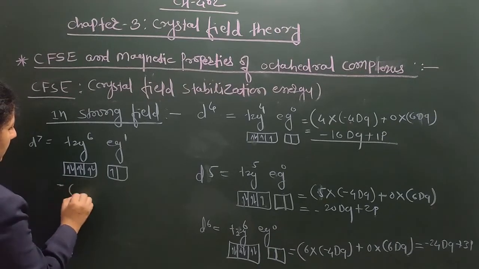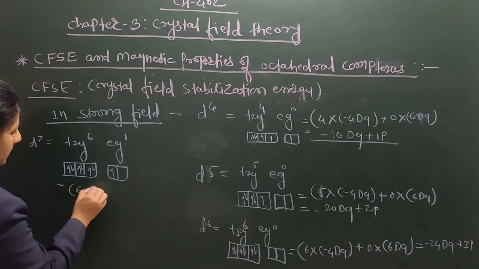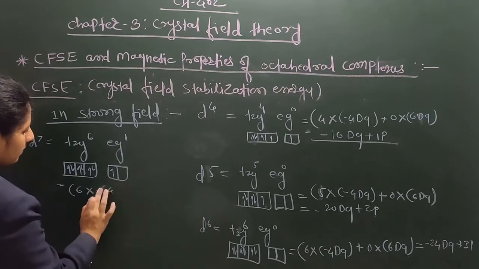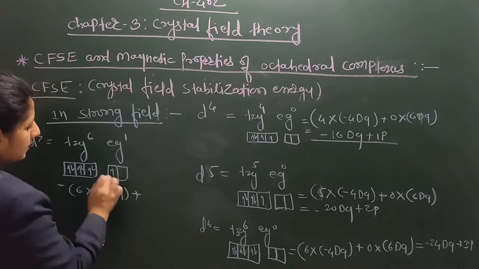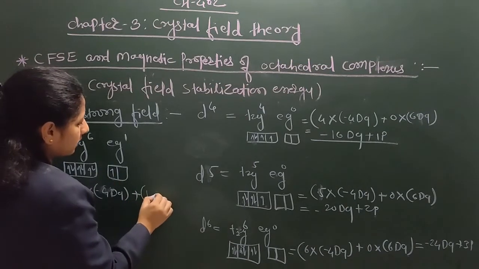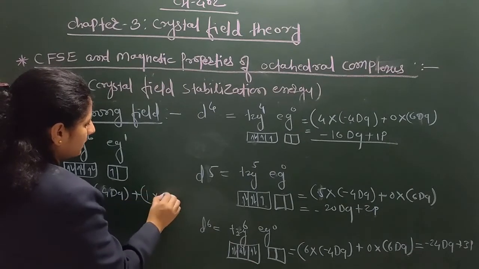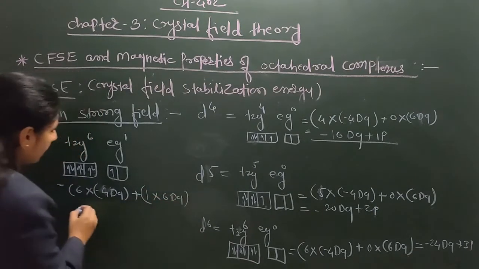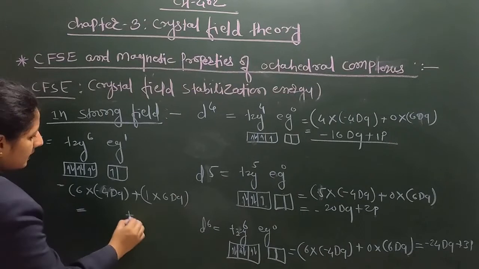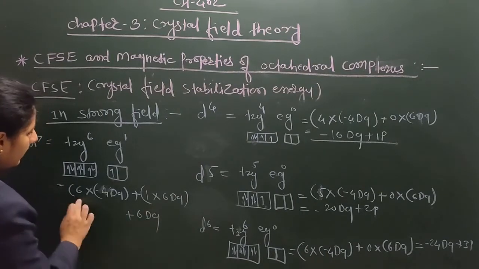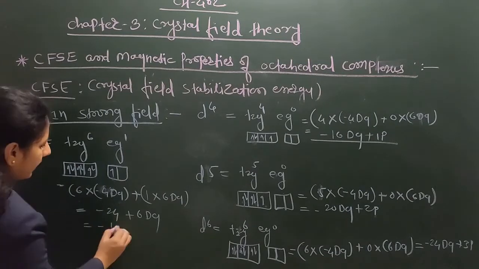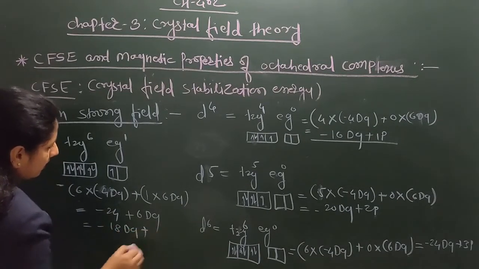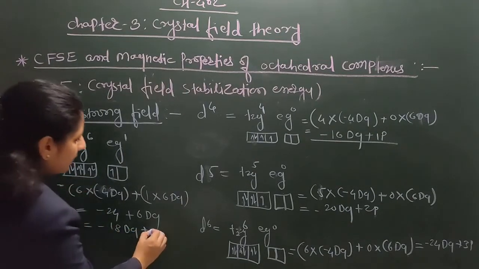According to that equation, as the t2g orbital has 6 electrons, 6 into minus 4 dq, plus 1 electron into 6 dq. So the calculation is minus 24 dq plus 6 dq, it's minus 18 dq, plus how many pairs of electrons? Again there will be 3 pairings of 3.